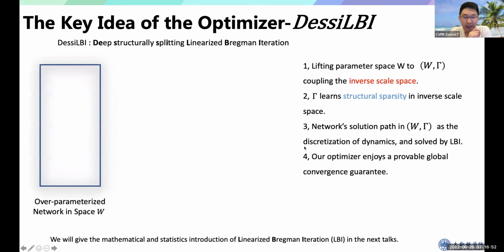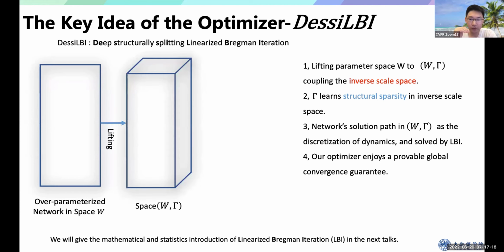This is the key idea of our work. We propose an optimizer named DessiLBI, which is the abbreviation of Deeply Structured Splitting Linearized Bregman Iteration. Here, basically for our parallel network in space W, we lift the parameter W to (W, gamma).